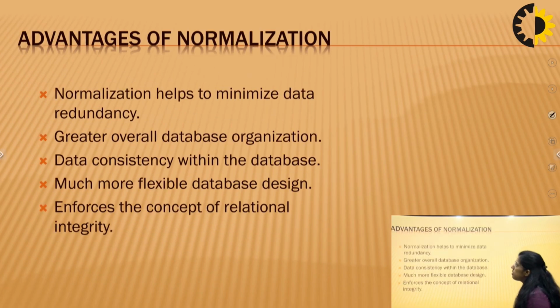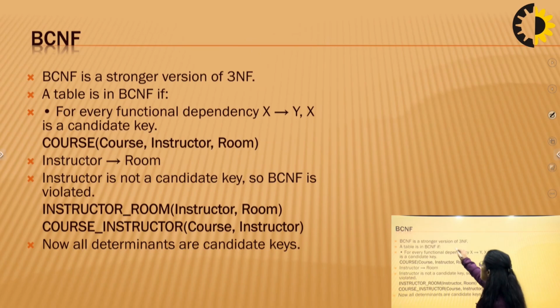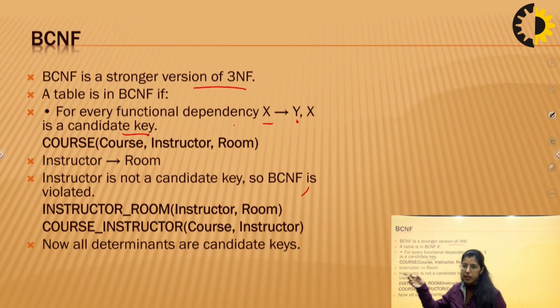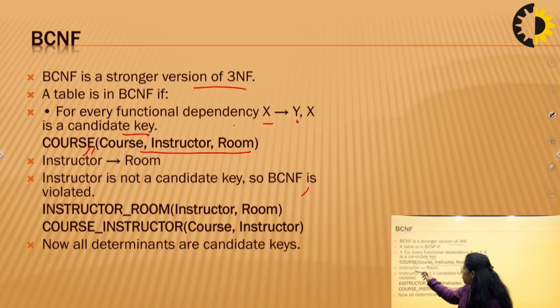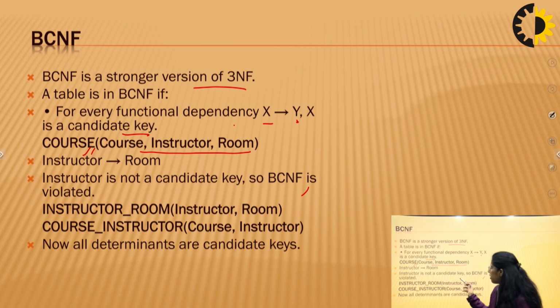Next one is BCNF. It is a stronger version of 3NF. For every functional dependency X to Y, X must be a candidate key or super key. For example, if we have this particular course table with these columns and one of the functional dependencies is instructor to room, then instructor is not a candidate key here, obviously.